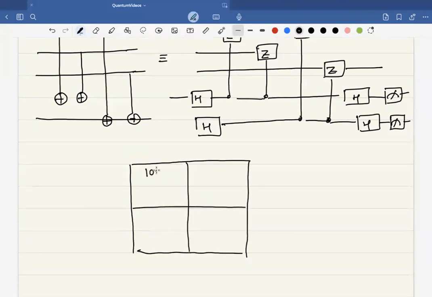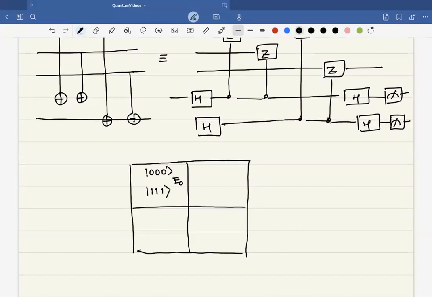So this is my code space, 0, 0, 0 and 1, 1, 1. Then there is a space of exactly one error on the first qubit. So I'll call this E0.